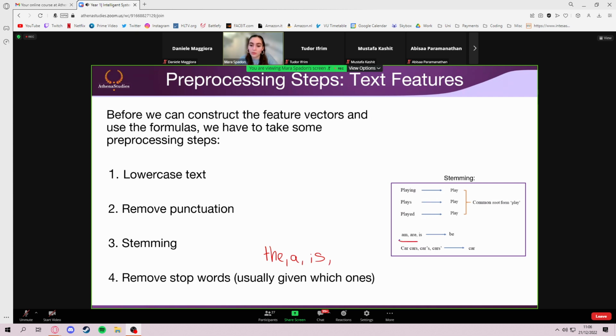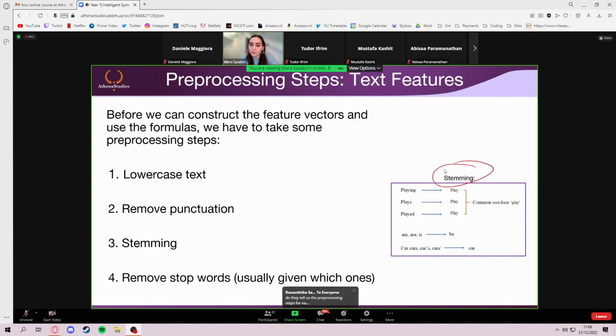But then you have to be sure that you're removing every single instance of the word is, so also be and are and was. You have to be consistent with it. So that is very important. But usually the stop words are given. And again, if not, be consistent with it.